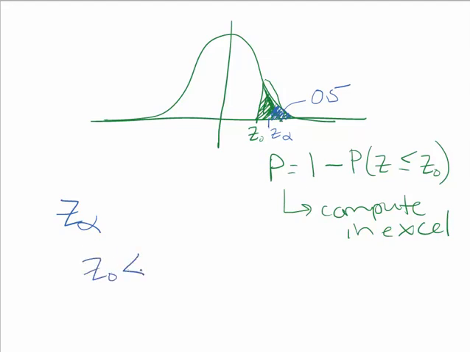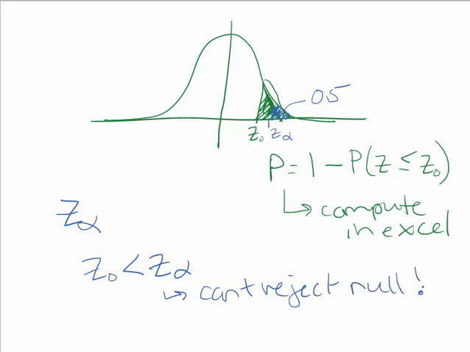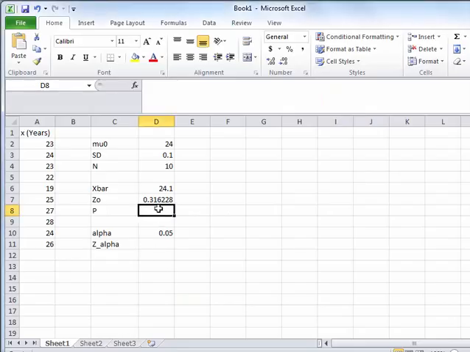Ultimately what we want is for our z naught to be less than z alpha, because then we can't reject the null. So in order to calculate the z alpha, we're going to use, again, the norm S inverse of 1 minus alpha. So let's go do that in Excel.